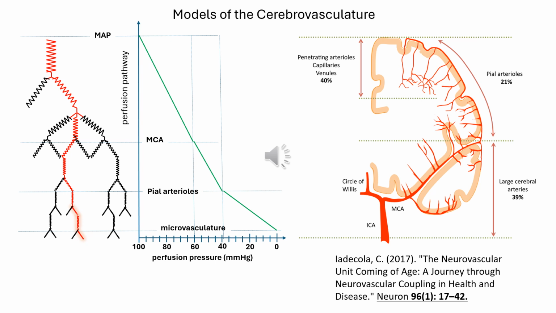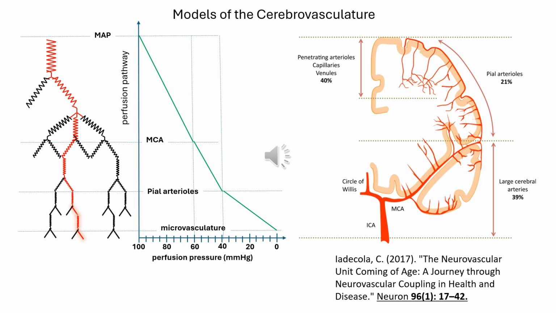Note that at resting blood flow, there is a loss of perfusion pressure of about 20 to 30 millimeters of mercury from the mean arterial pressure, MAP, to the main intracranial arteries, due to the resistance of the brain supply arteries. So at each resistance level, a further pressure loss is incurred, so that there is a cascade of pressure loss throughout the entire flow pathway from source arteries to tissue capillaries.